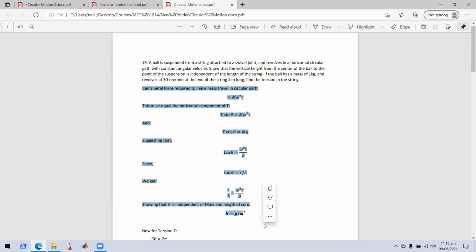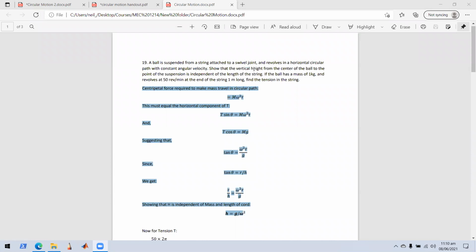But in the handout, there are some other derivations that you can look at, so be prepared. All right, so we have to show the derivation, or we just have to work it out? Depends on what the question asks. If the question asks, show how this is equal to this, how vertical height is independent of mass and radius and length of string or something like that, then you would have to derive this formula.